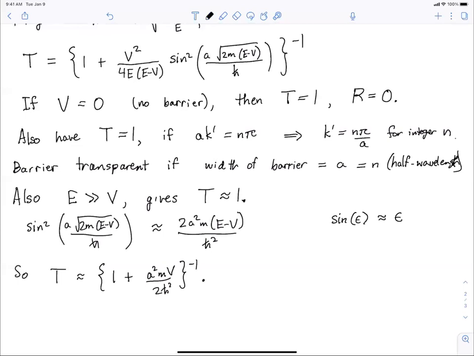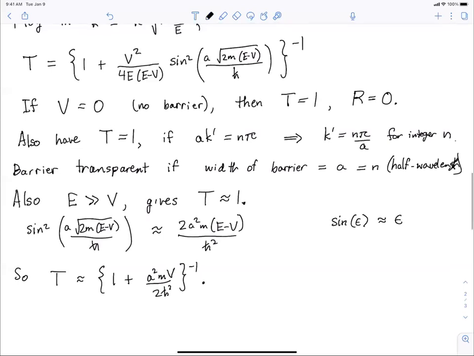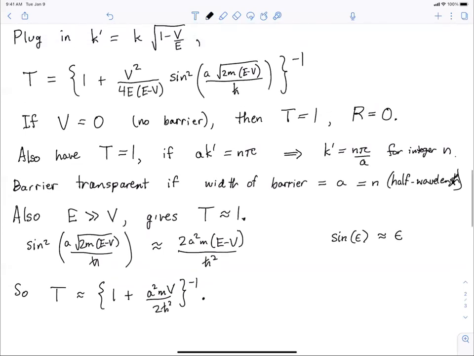Okay, so now all of that assumed that our energy was greater than the barrier height. One place where we assumed that is when, for example, I wrote this right here, or even when I wrote this right here. If my energy was less than the barrier height, then I'm taking the square root of a negative number, which is imaginary.